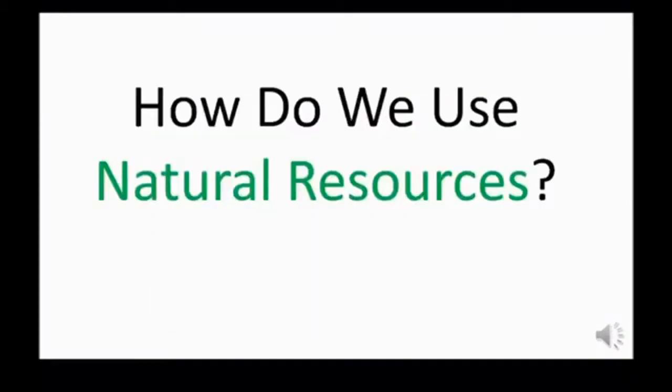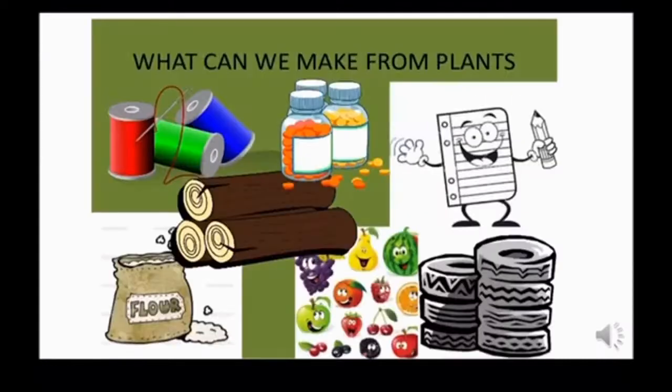How do we use natural resources? Boys and girls, do you know how we use natural resources? We eat many plants like fruits and vegetables. We also use plants to make different items such as threads, medicine, paper, and tires, and we use wood to make furniture.